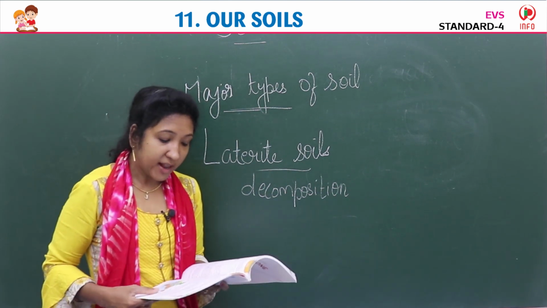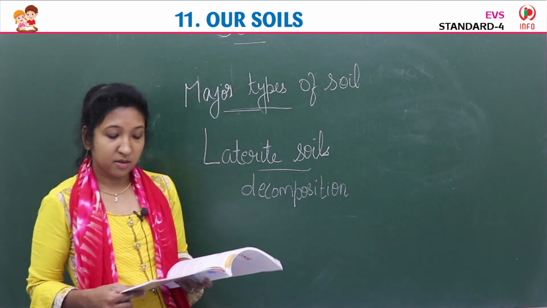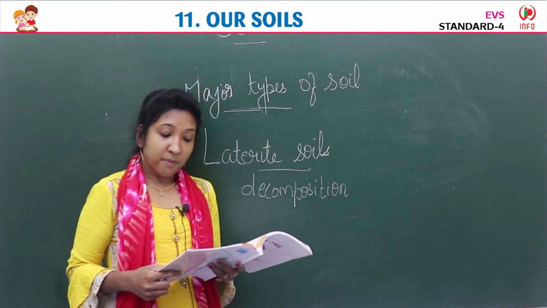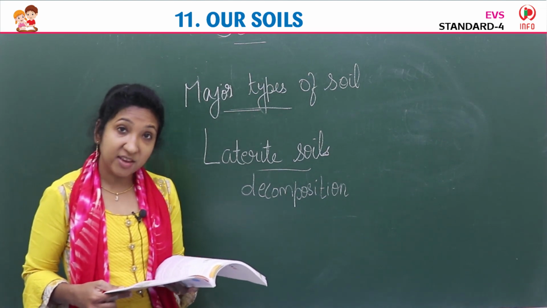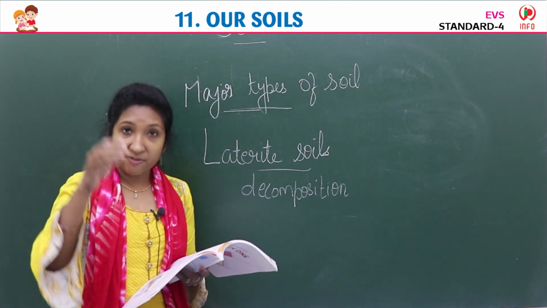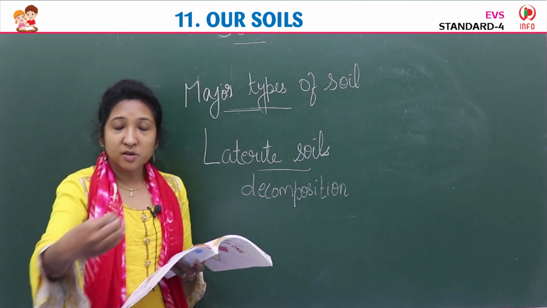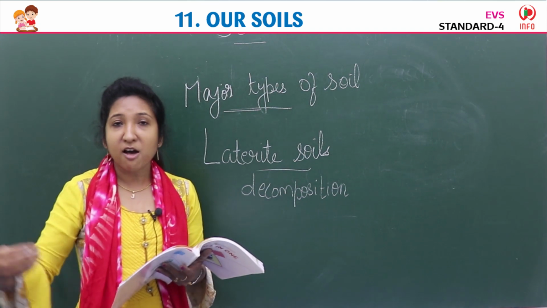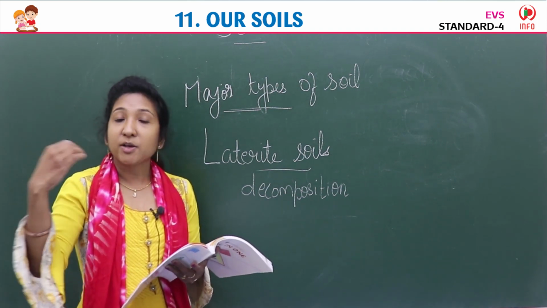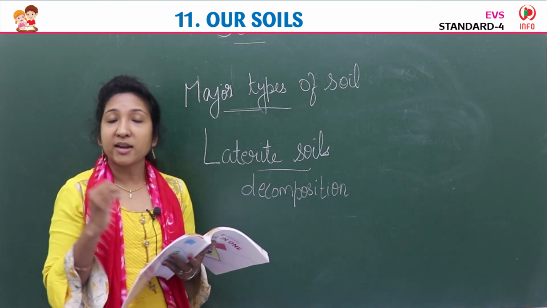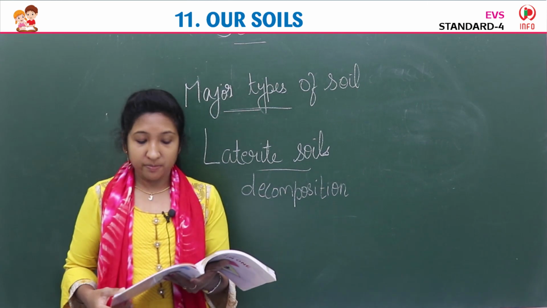So laterite soils are formed by decomposition, because of which they are found in black soil regions having heavy rainfall. Because of heavy rainfall, materials are drained away, leached out. Some residues of materials like iron and aluminium are found there, and because of this high temperature and heavy rainfall, black soil gets converted to laterite soil.